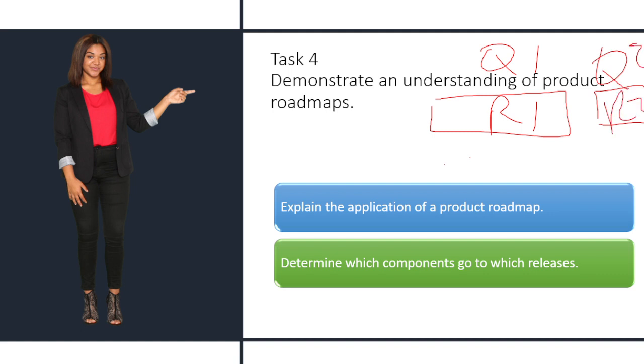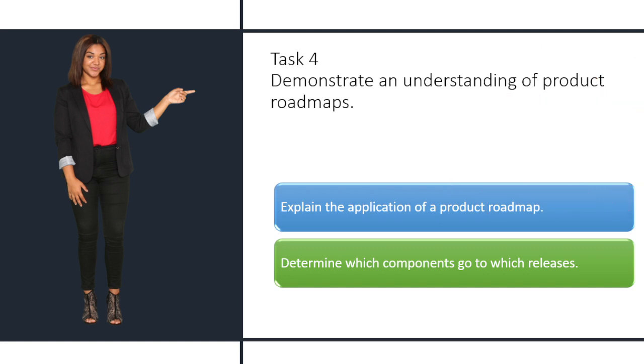Within release 1, we have feature set 1 and feature set 2. For release 2, we have feature set 3 and feature set 4, for example. And then we could also have other efforts like the marketing or the sales and things like that. So your roadmap just shows you the sequence of higher level events, the timing of releases, features, and things like that.